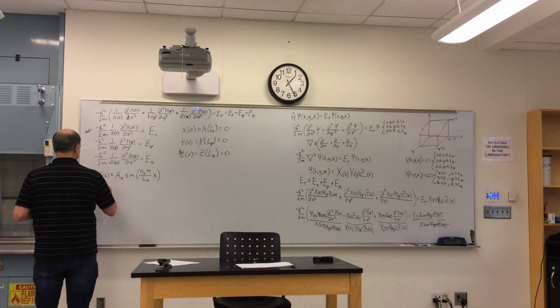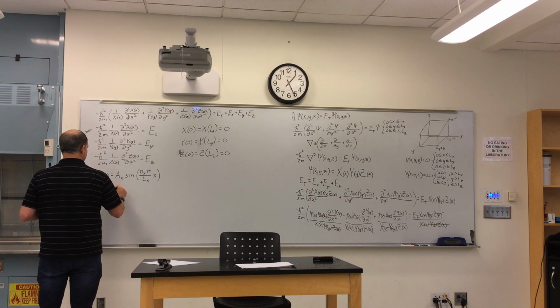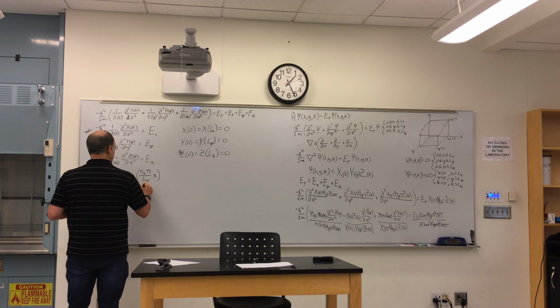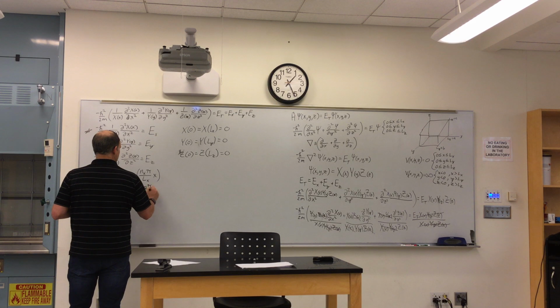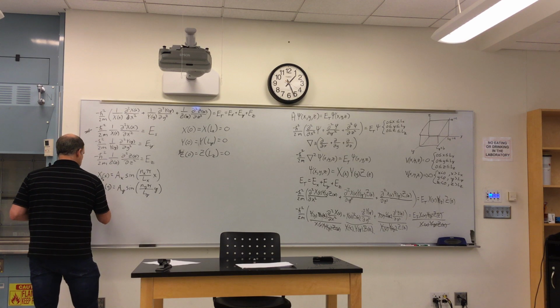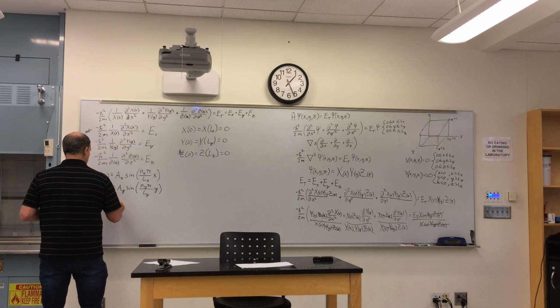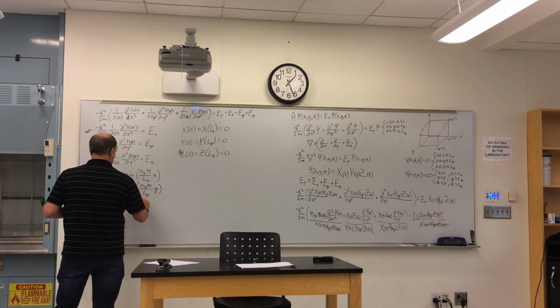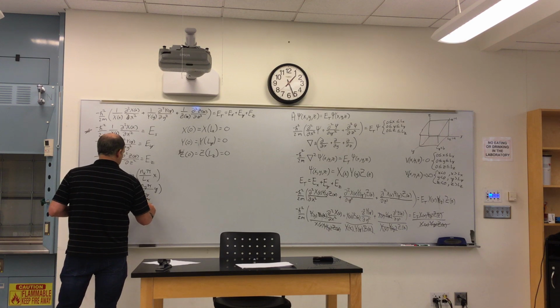Our Y value, so this should be n sub x, that's n sub y, in the Y direction. And our Z equals A in the Z direction, sine of n_z pi over Lz, z.